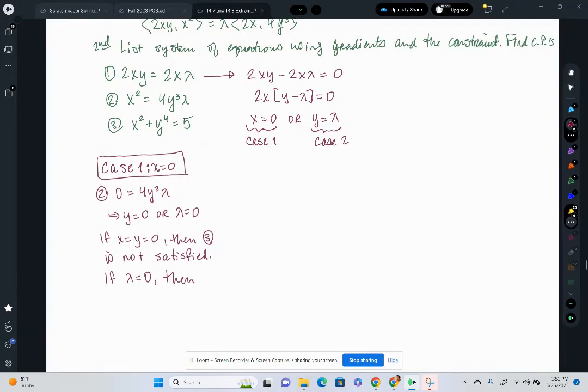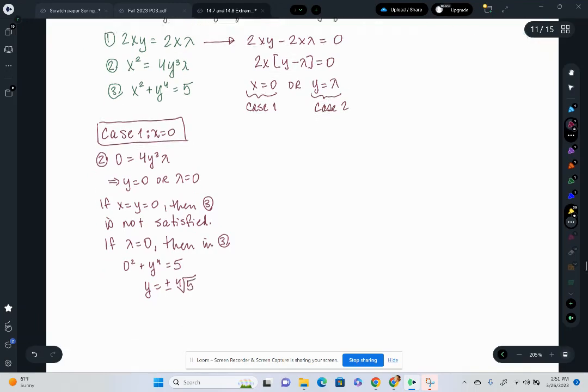It's just going to be any old number. But x is 0, so we're going to go into equation 3, and we'll have 0 squared plus y to the fourth is equal to 5, which means y is equal to plus and minus the fourth root of 5.